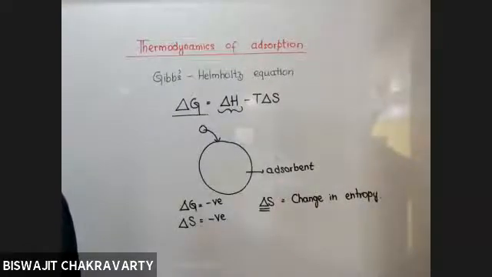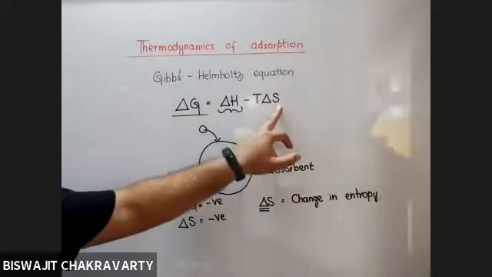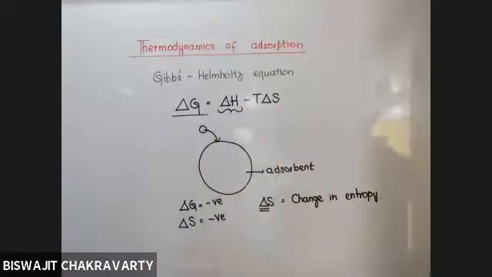Because delta G is negative. If I put delta S as negative, will not the second term become positive as a whole? If this is negative, negative becomes positive, yes.